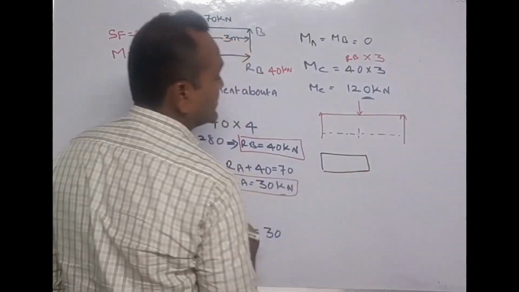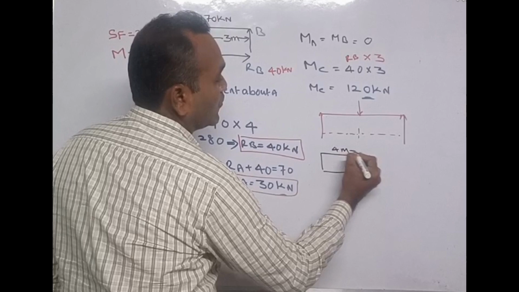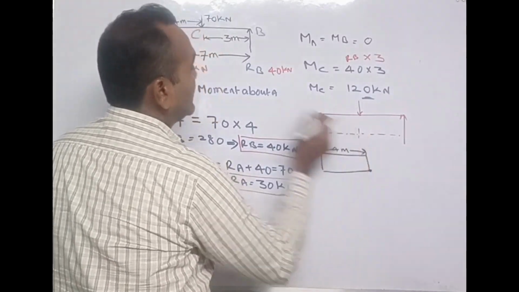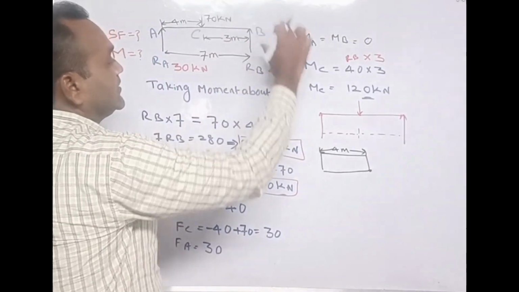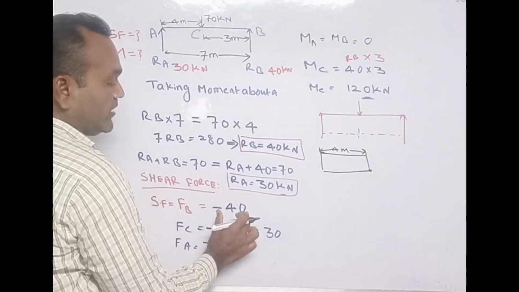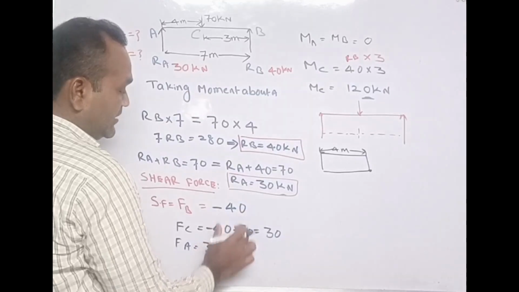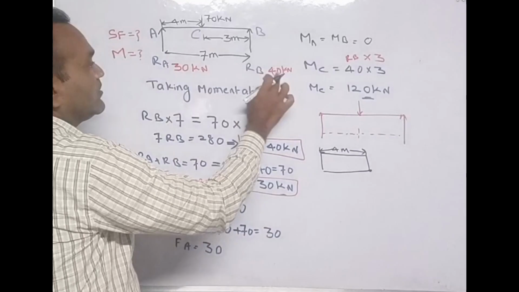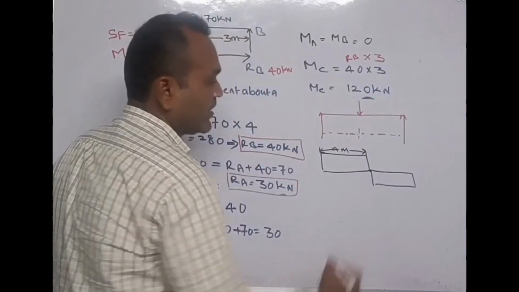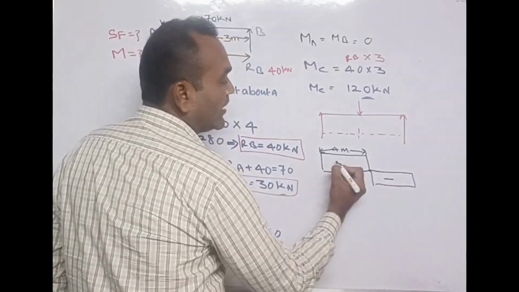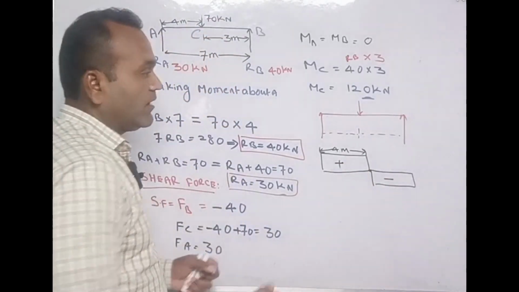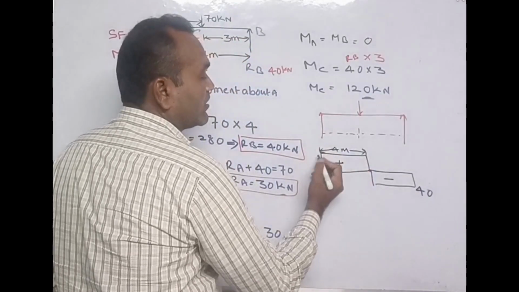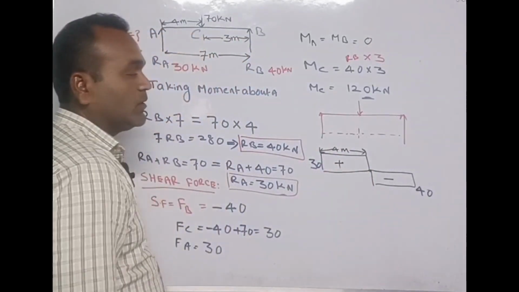Let's say this distance is 4 meter, and from here this force is minus 40, then next is 30. One reaction is positive, one reaction is negative. This will give negative and this will give positive, and this part will be 40 kilonewton and this part 30 kilonewton.